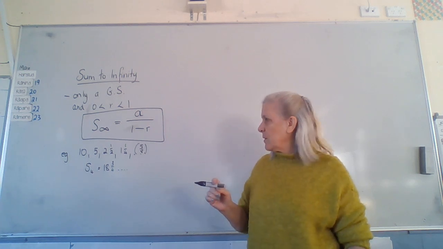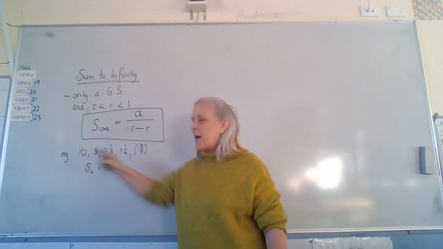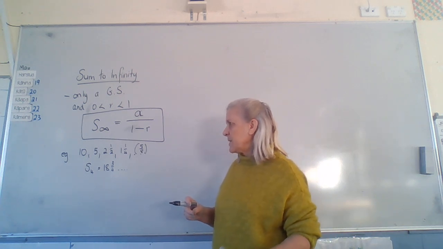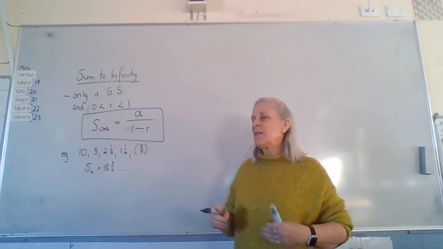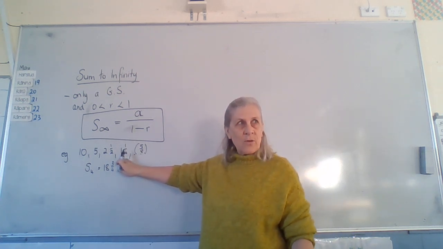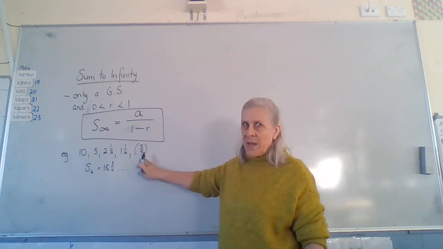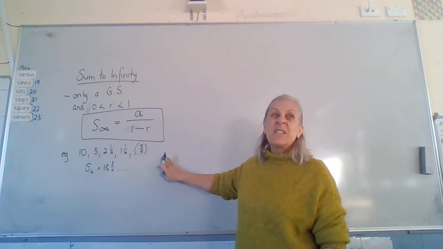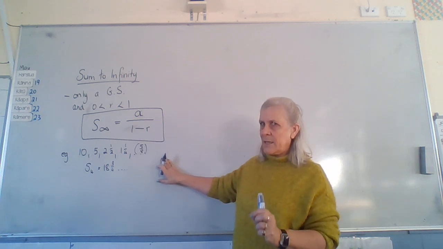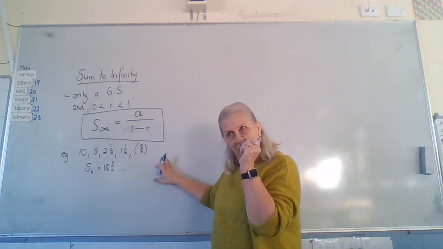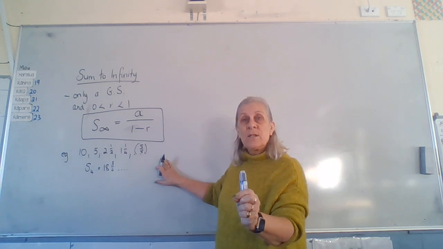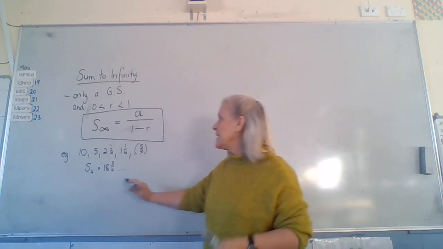We're definitely not going to get to 0 because we start by adding 10. 10 plus 5 is 15, plus 2.5 is 17.5, 18 3/4, plus another 5/8, so we've just gone over 19. Then we're going to add 5/16, which is really tiny, then 5/32, which is even tinier. We're not going to get to 20. Let's test it out.